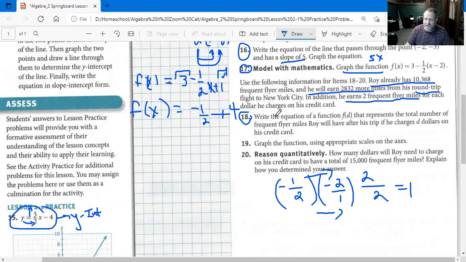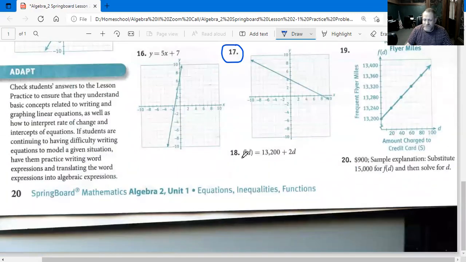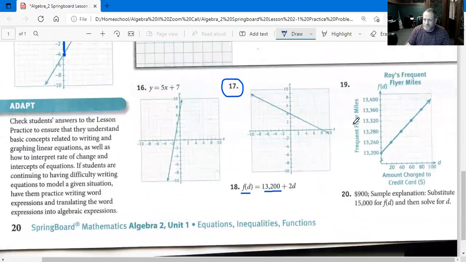So back to number 18: write an equation of function f(d) that represents the total number of frequent flyer miles Roy will have after his trip if he charges d dollars on his credit card. f(d) will equal 13,200 + 2d.